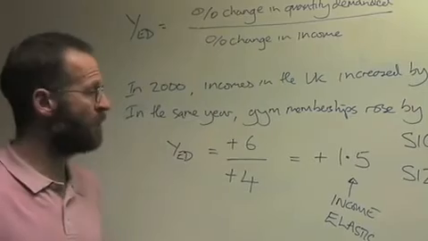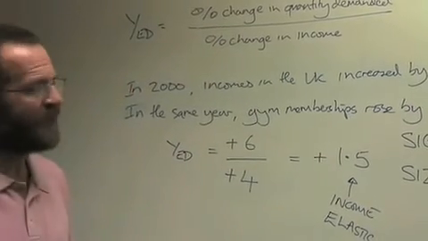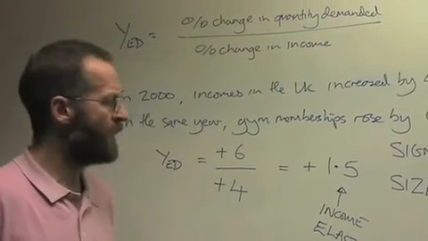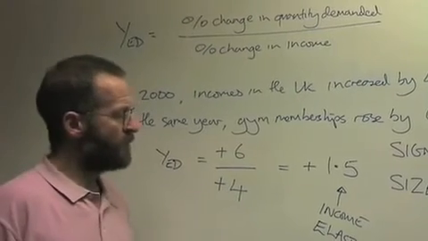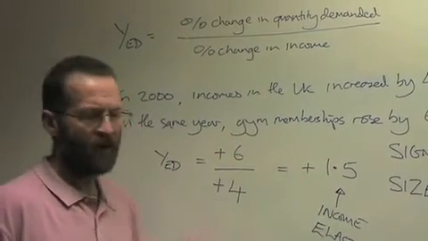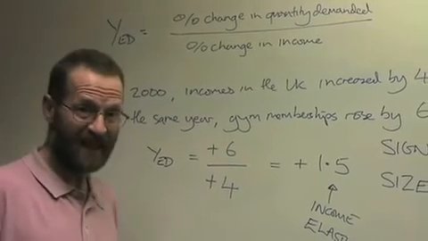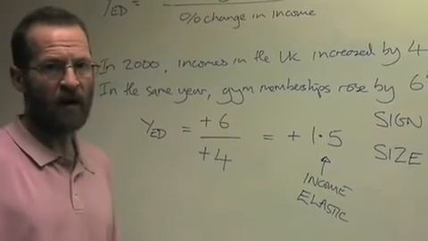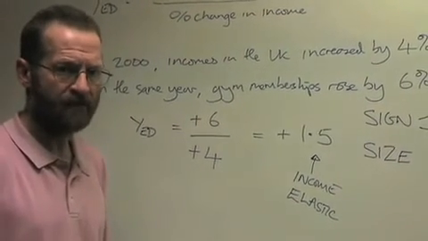But you'll also know that if incomes fall, if the economy goes into a recession or a particular area is hit badly by, say, a closure of a major employer, then the sales of gym memberships will fall by 1.5 times whatever the fall in income is. So if income falls by 6% in a region, then the gym memberships will go down by 1.5 times 6, or 9%.